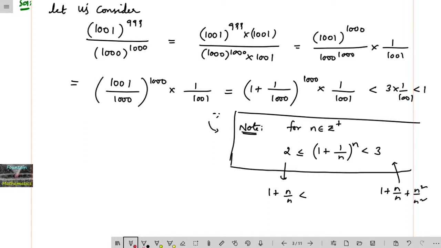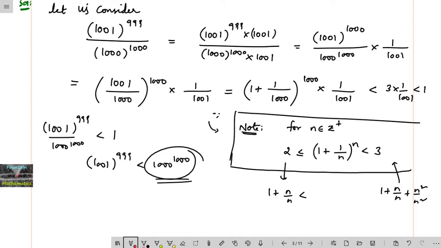So what is our consideration? 1001 to the power of 999 upon 1000 power 1000 should be less than 1, which means that 1001 whole to the power of 999 is less than 1000 to the power of 1000. Which one is greater? So obviously 1000 power 1000 is greater. Okay, just remember this note point.